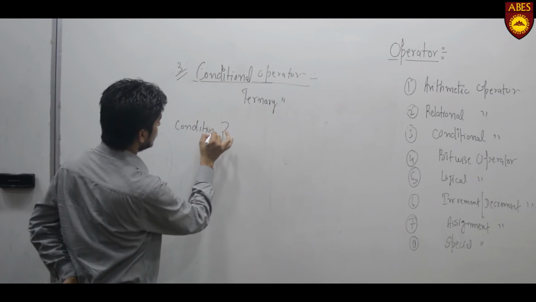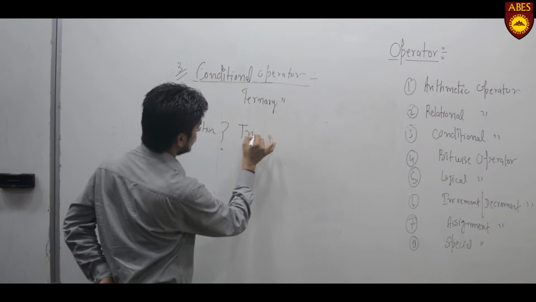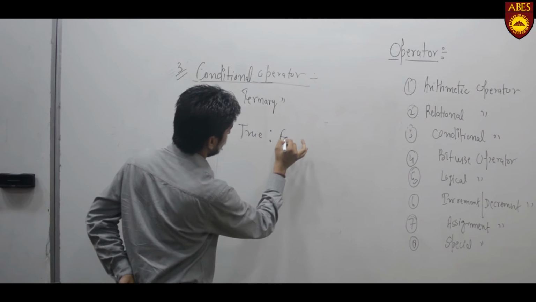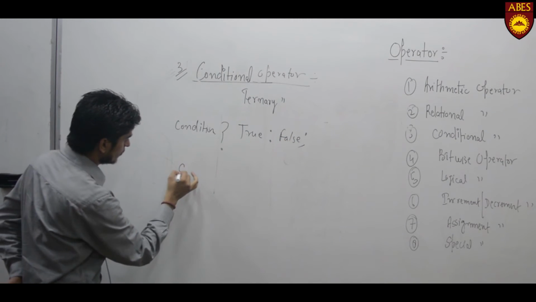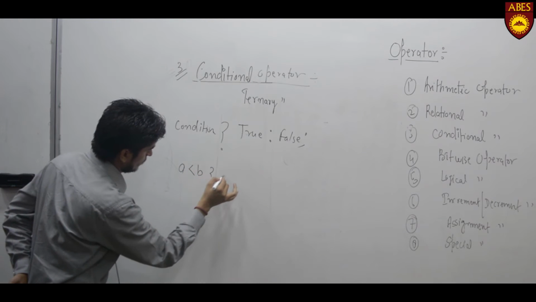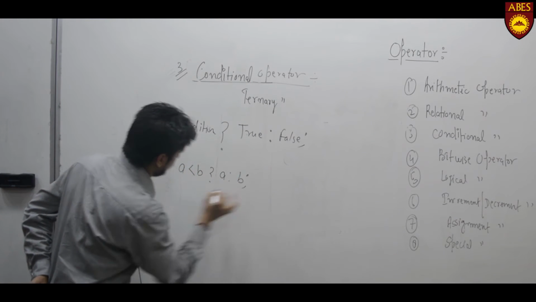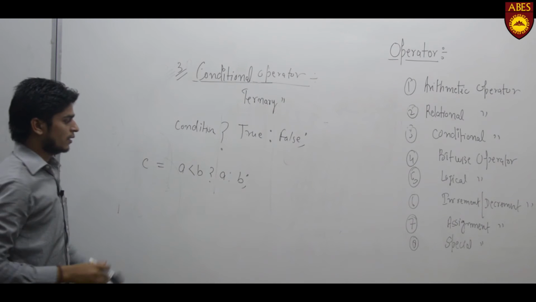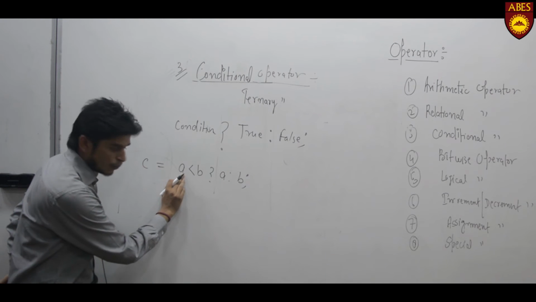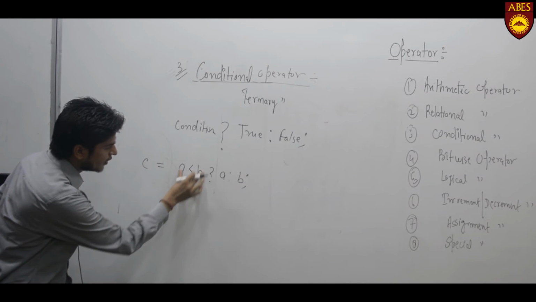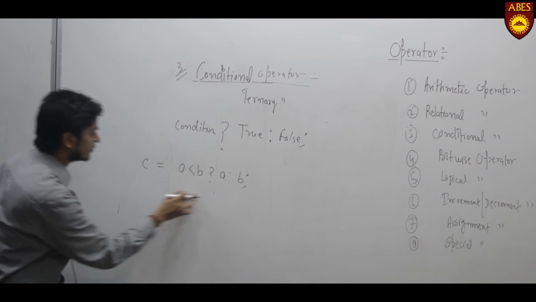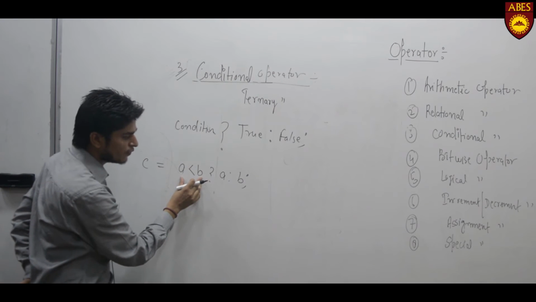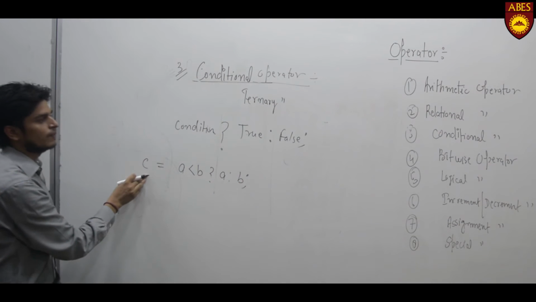If the condition is true, then the true part is executed, otherwise the false part is executed. For example, if the condition A less than B is true, then A is assigned to C. Otherwise, the condition is false, then B is assigned to C.